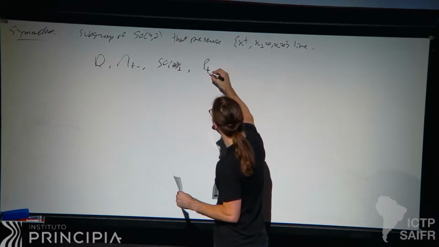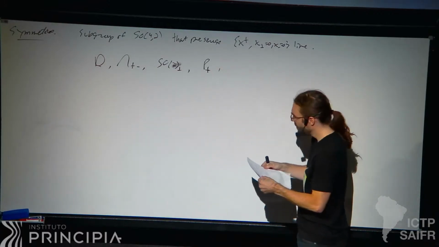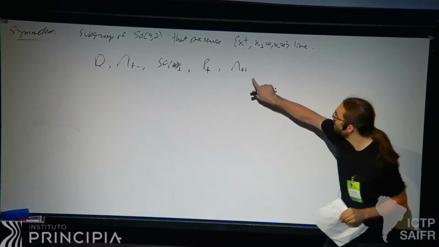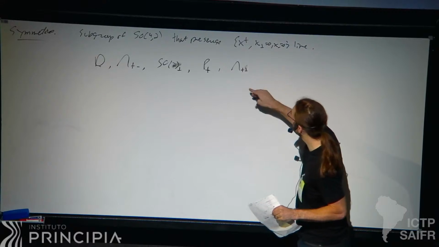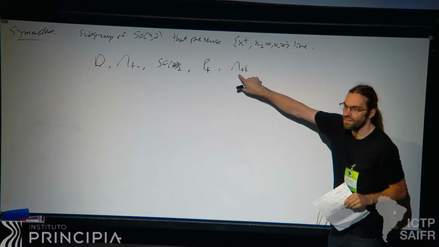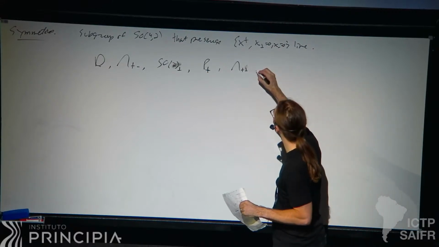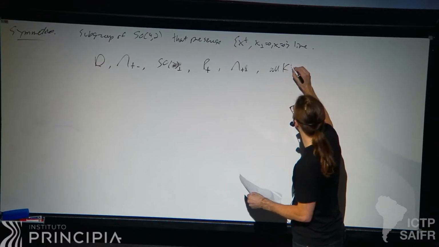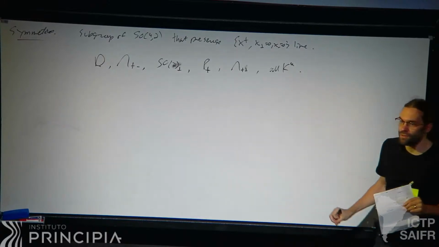Let me make the plus clear. You also have some funny Lorentz transformation that takes a plus, a mix of boost and rotation. And in the end, you have all the conformal generators. They all leave the line invariant.